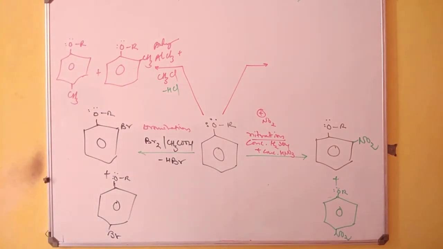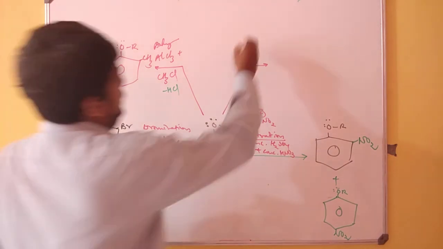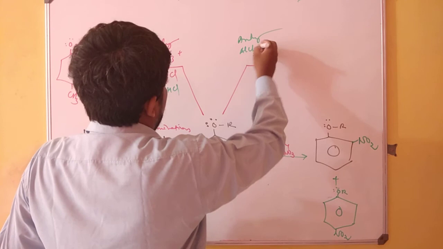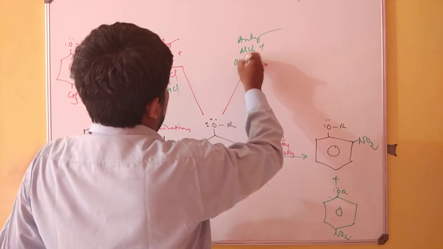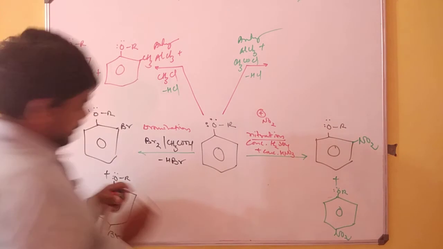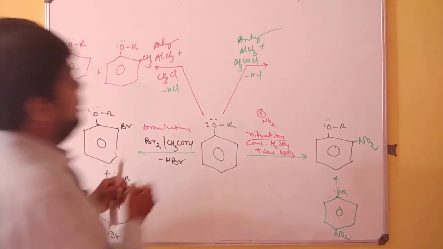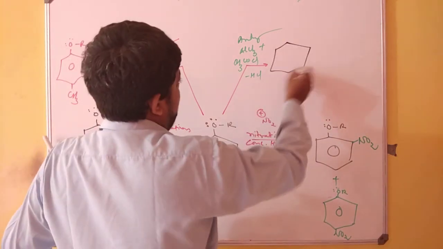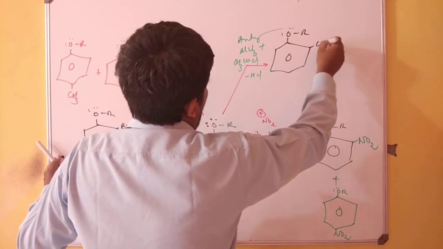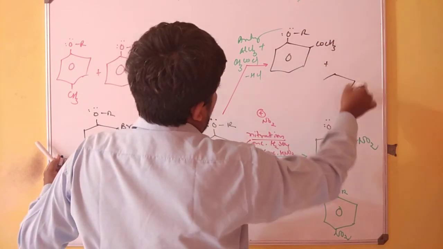But let us take another set of reaction, that is anhydrous aluminum chloride plus CH3COCl, and in such a case, when HCl is removed, again we are getting a mixture of two, that is OR and COCH3.